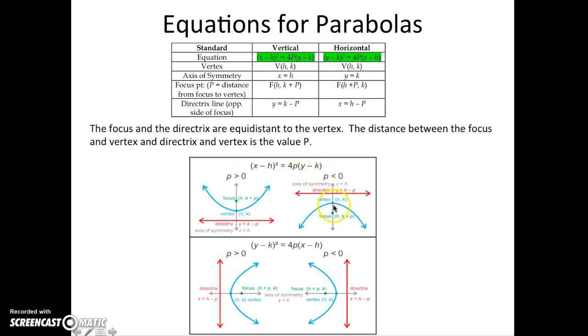When p is less than 0, it's going to be a vertical parabola that opens down. P is the distance from here to here, or from here to here. And if we have a horizontal parabola, we have y minus k as the squared term. If the p-value is greater than 0, it's going to open to the right. If the p-value is less than 0, it's going to open to the left.